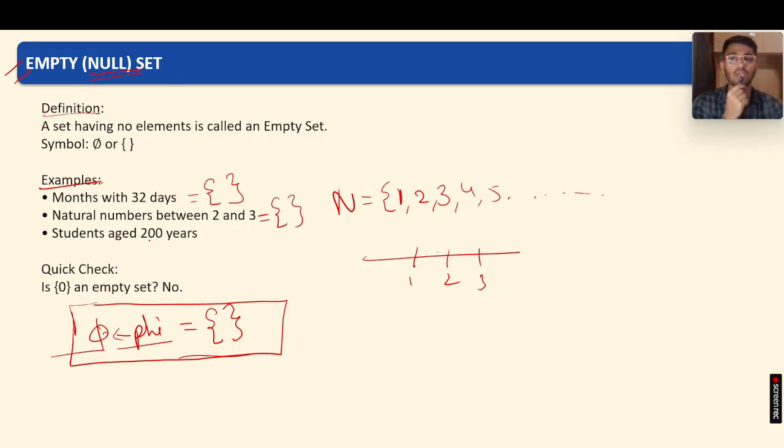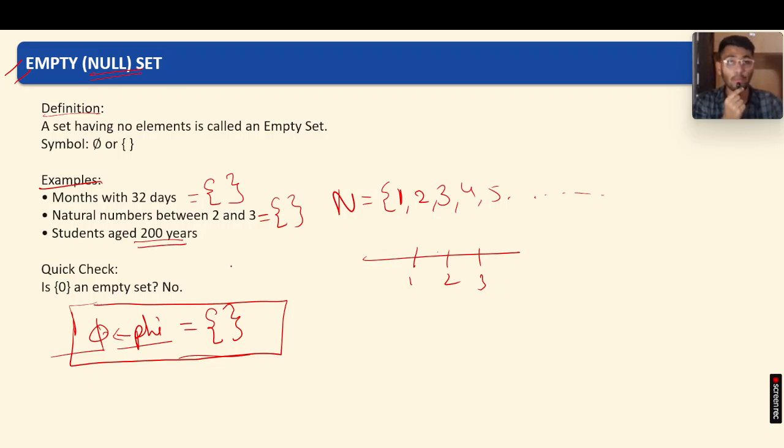Students aged 200 years. Is there any student in any class, even in your class, who is 200 years old? Would it be possible? It is not. There is no person who is 200 years old.